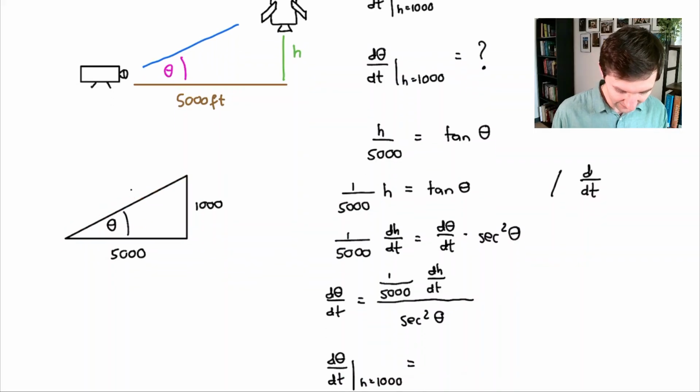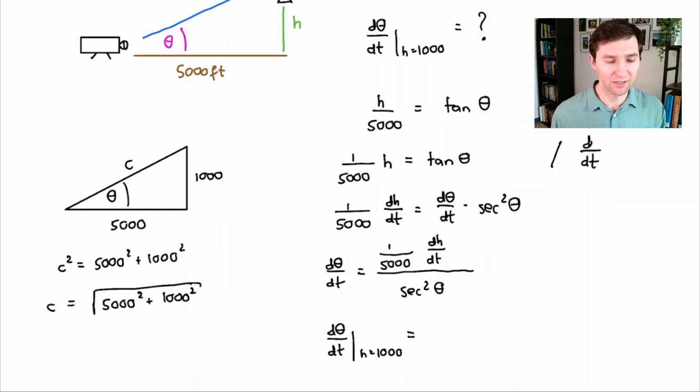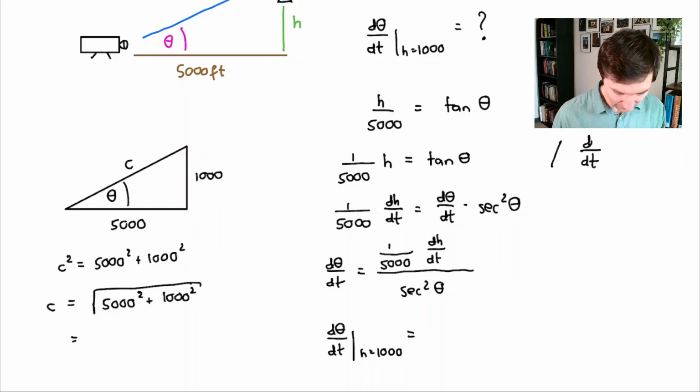If I call this side by the letter c, by using the Pythagorean theorem, I know that c squared equals 5000 squared plus 1000 squared. This means that c equals the square root of that expression, 5000 squared plus 1000 squared. I used the calculator to simplify this expression, and I got 1000 square root of 26.